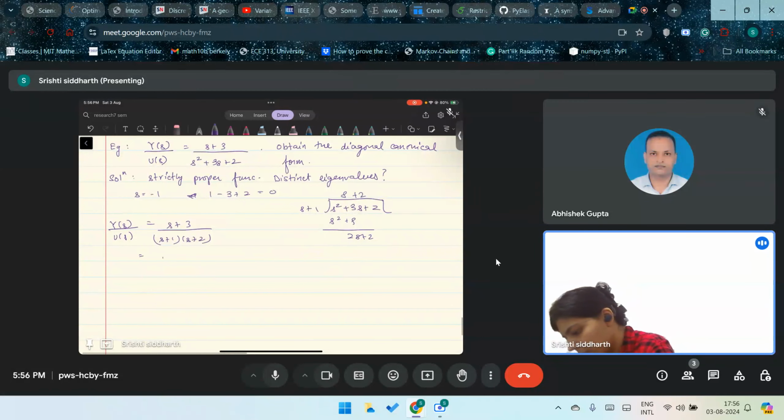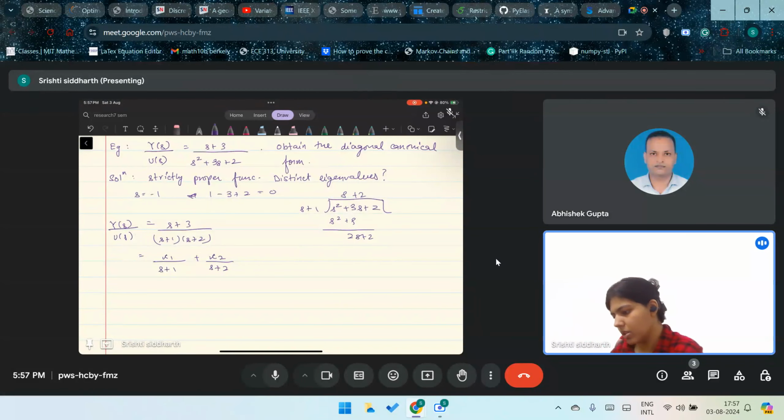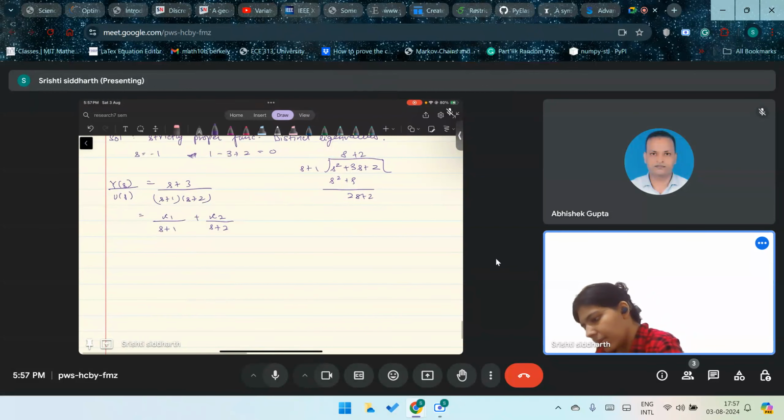So we can obtain the diagonal form, c1 over s plus 1 and c2 over s plus 2. So let's quickly find out these coefficients. So c1 is (s plus 3) over (s plus 2) at s equals minus 1.